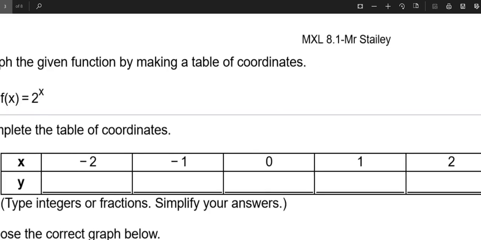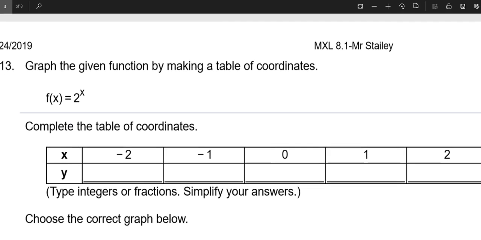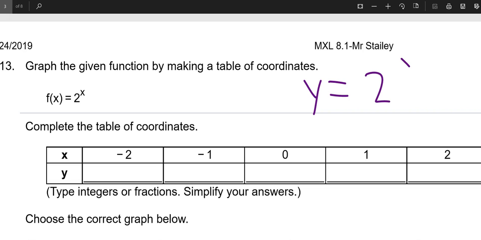All right, next on my list, I need to fill in this table. So we have y equals 2 to the x power. We do have the x values. Now, can you tell me what number is sitting right in front of the 2?